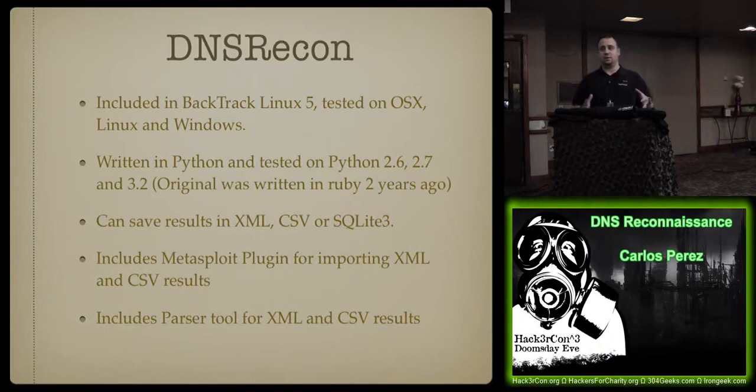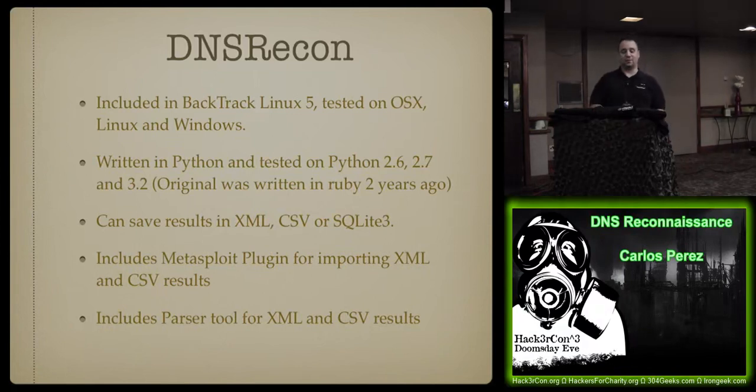The original DnsRecon tool, I wrote about 2 years ago. It was written in Ruby. It was included in Backtrack 4. It wasn't so good. The Ruby libraries kind of stank back then for doing DNS stuff. And then I shifted over from Ruby to Python. And Dave's quite happy about it.